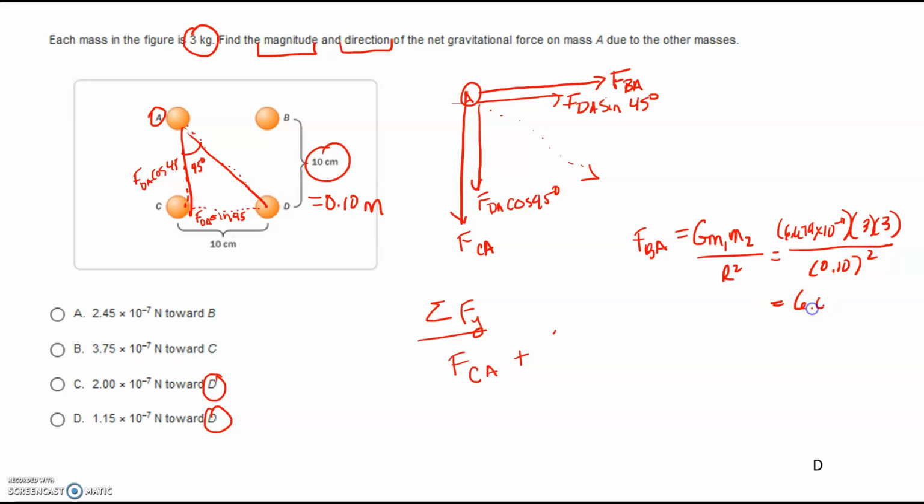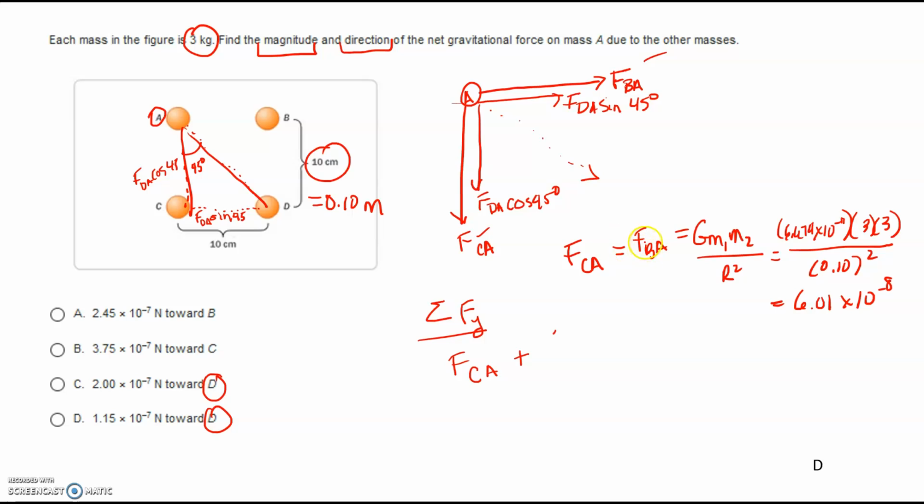And this is equal to 6.01 times 10 to the negative 8th. This is also the same as FCA because it's the same distance and it's the same masses and all of that fun stuff. So that's FCA, FBA. So we have this one and this one.